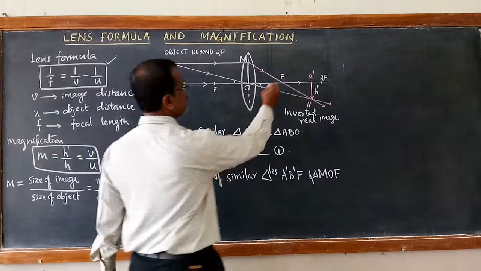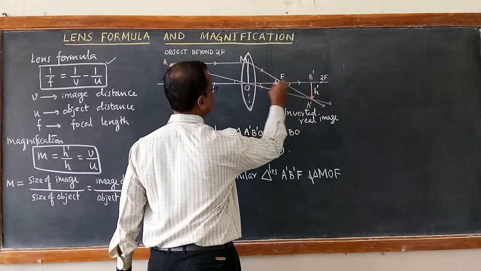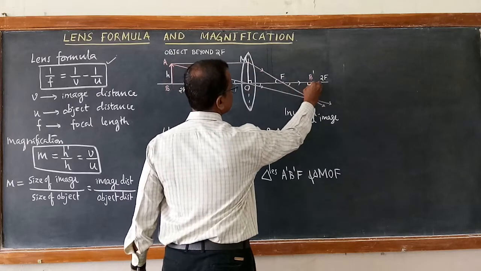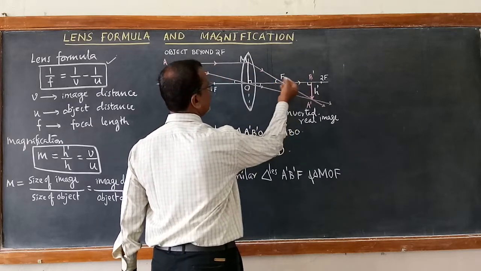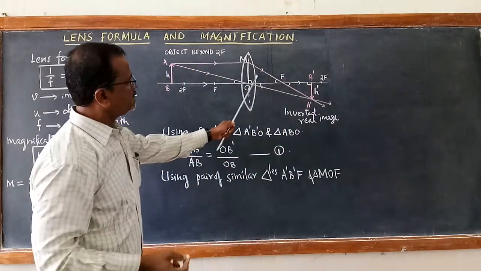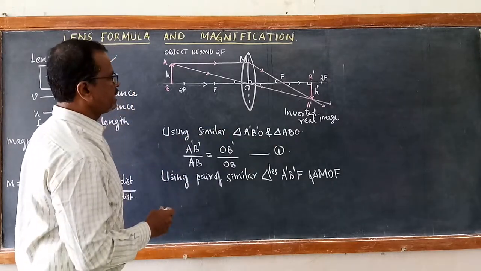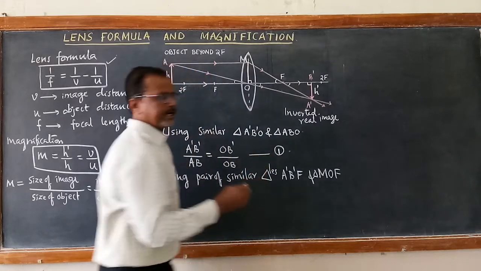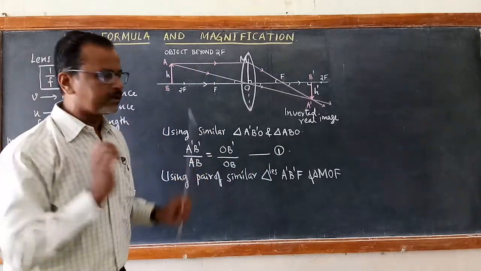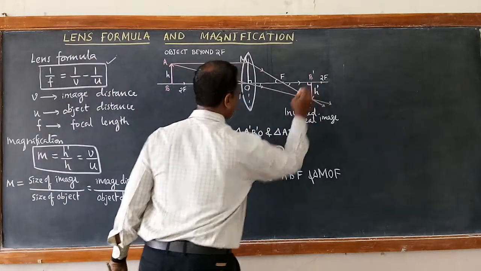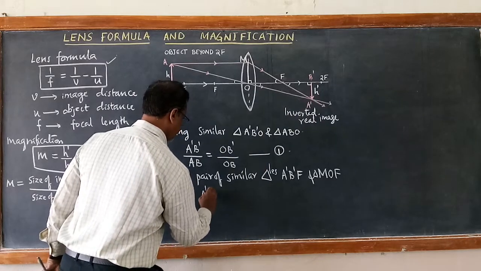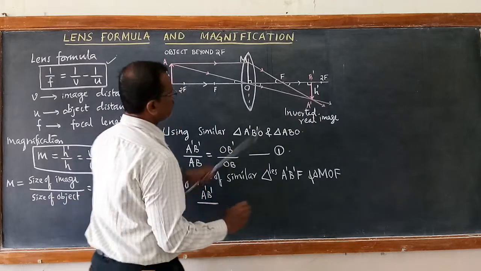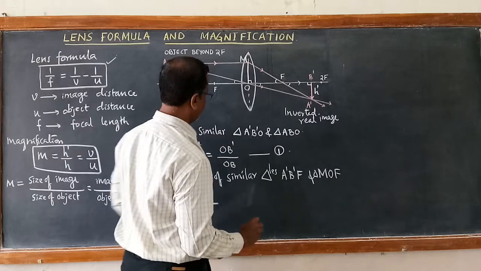Look at this. Again, these two triangles are right angle triangles, and the alternate angles are equal. Therefore, these are again similar triangles. Using this similar triangle, again I will write the ratio of corresponding sides are equal. A'B' by what is the corresponding side here? OM.